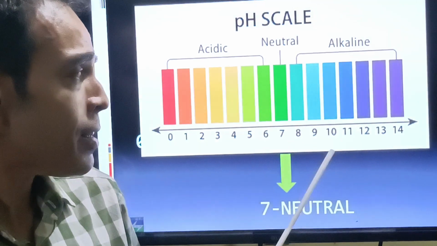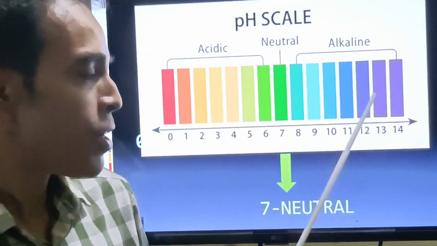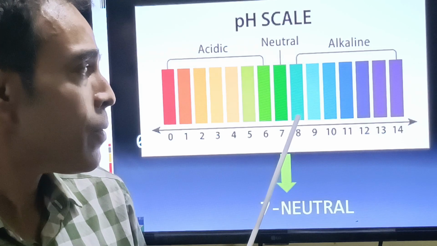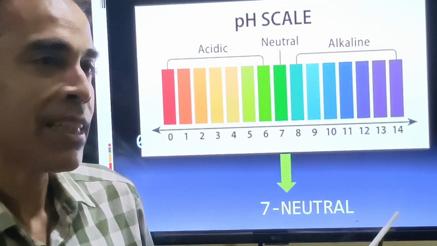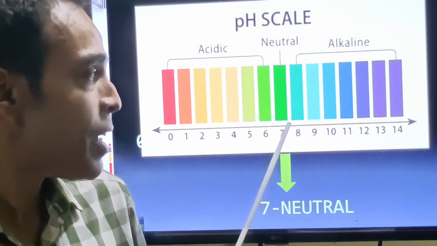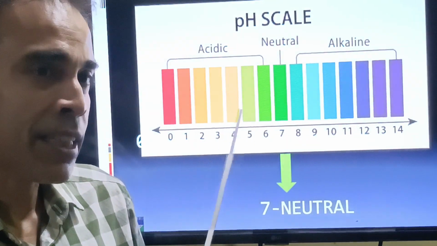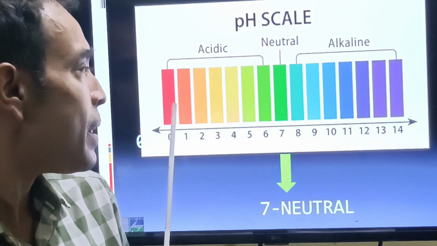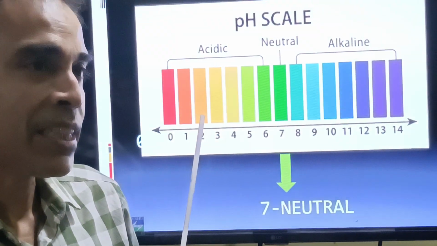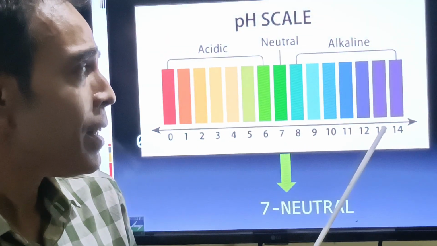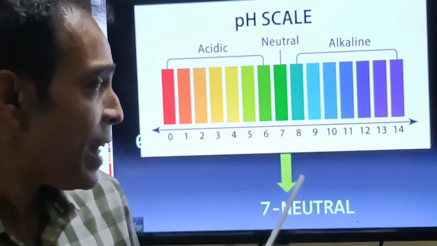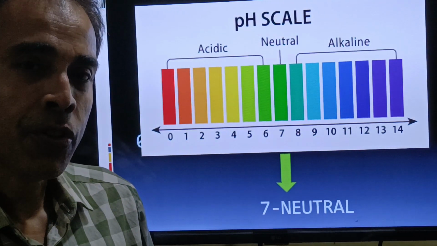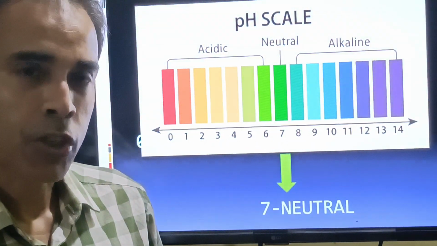And from 8 to 14, there is a color change from green to violet. This side is called the alkaline side. Based on the color change, we can determine which side of the pH scale it is. Suppose we get a red color, this means a highly acidic solution, or if the solution is purple, it is highly basic. And 7 is the neutral pH.